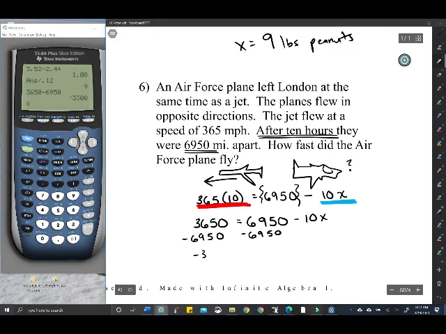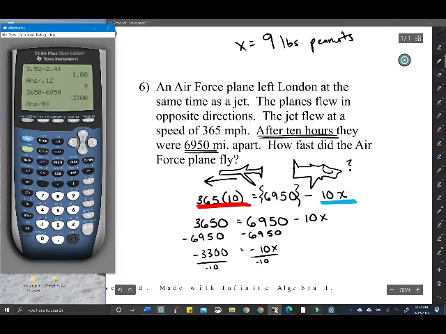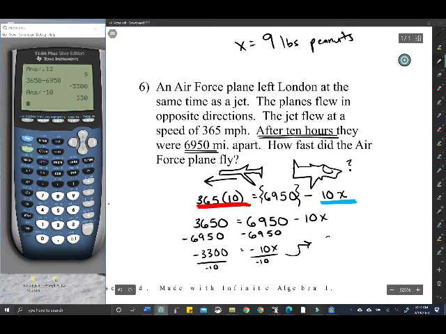Negative 3,300 equal to negative 10x. Don't fret because of negatives. Just going to divide by negative 10. And we get a nice old speed of 330 miles per hour. Again, whole number to get you there.